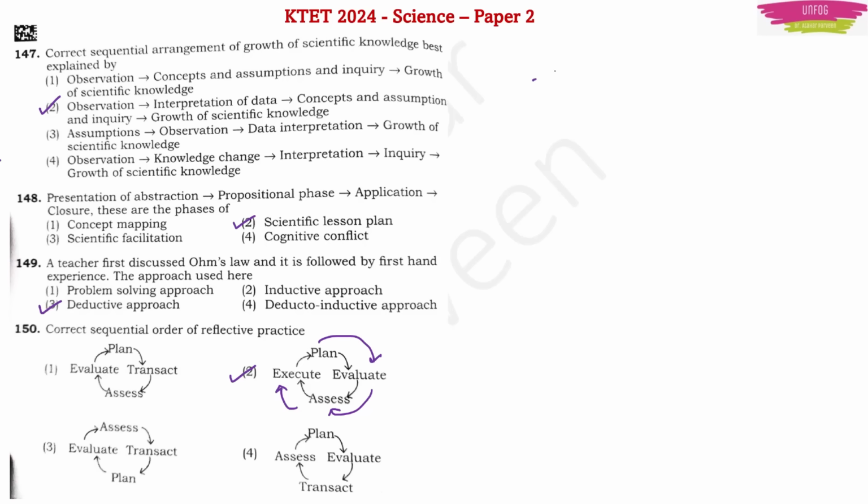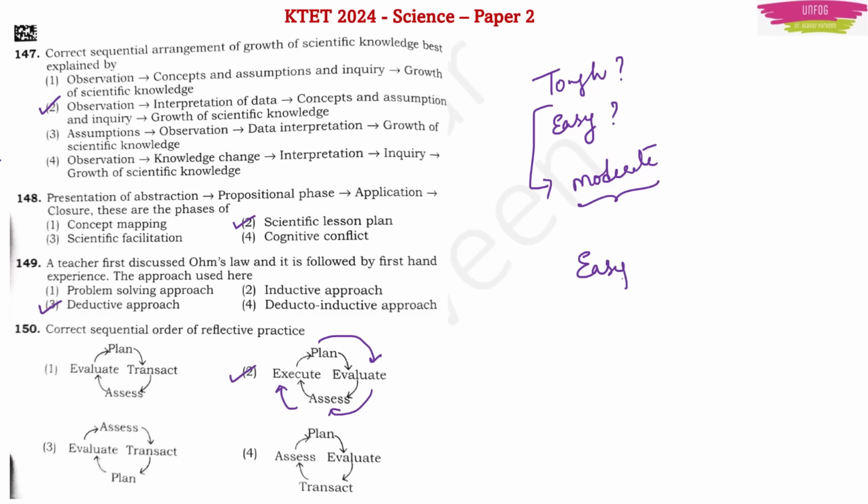Okay, now talking about whether the paper was tough or easy. The science part was actually moderate because a few easy questions were there, and a few very tough questions were also there. But I still say that it was balanced by an easy maths paper. Aspirants are telling me that the maths paper was easy but the science paper was very tough.